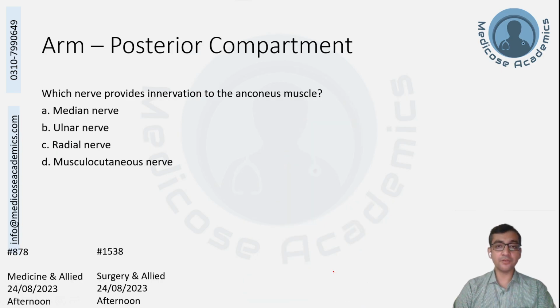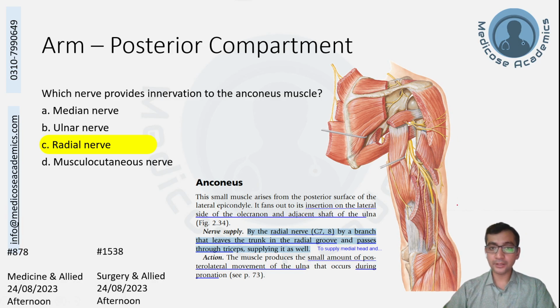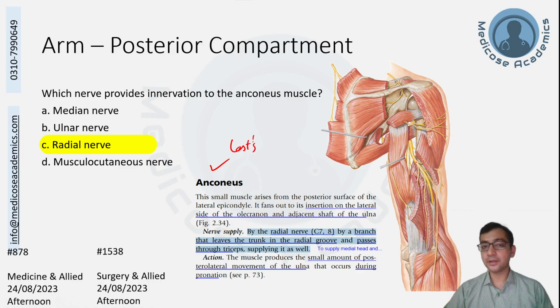Which nerve provides innervation to anconeus muscle? The nerve that supplies is the radial nerve, and here you can see I've given the reference from Snell's, sorry, this text is from Last's Anatomy, and the picture is from Netter's Atlas. As you can see, the branch of the radial nerve that supplies the medial head also supplies the anconeus.